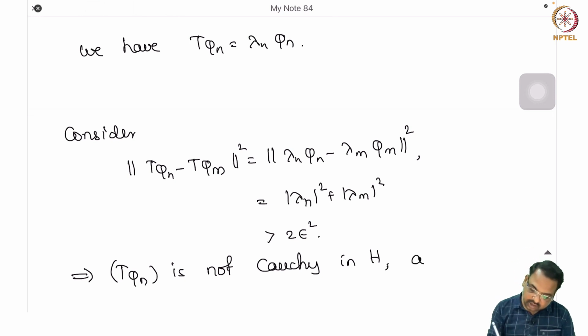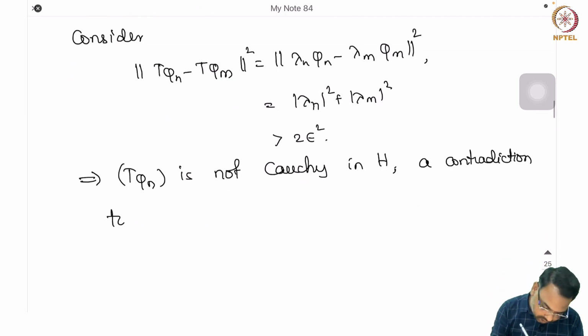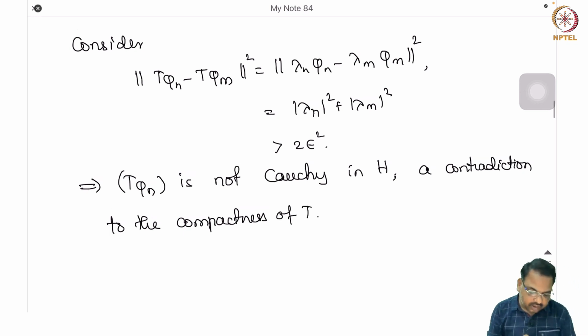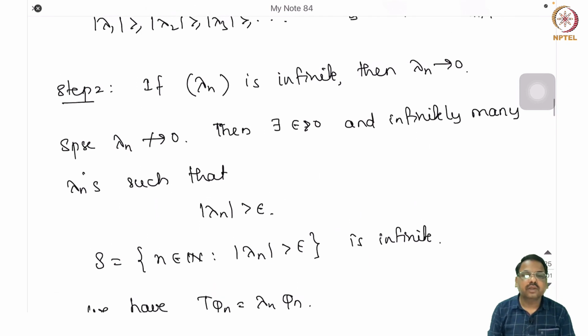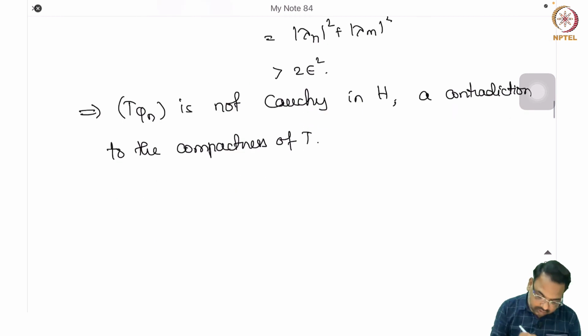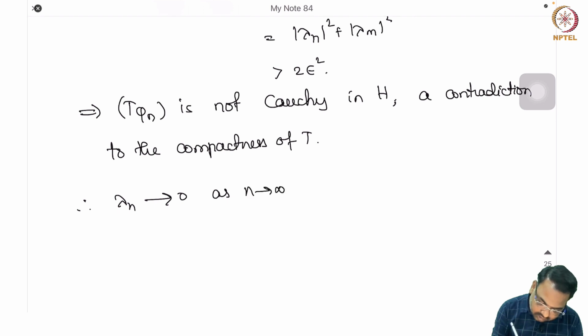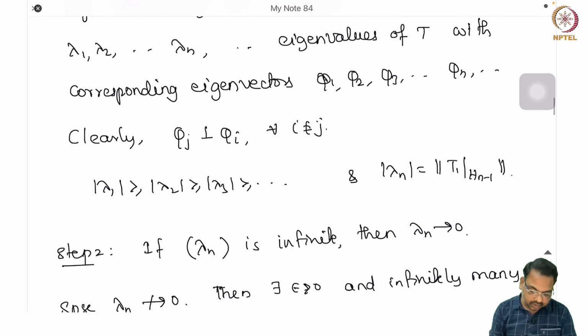So this is a contradiction to the compactness of T. So we got a contradiction because we assumed that lambda n does not converge to 0. Therefore we can say that lambda n converges to 0 as n tends to infinity. This completes the proof of step 2.